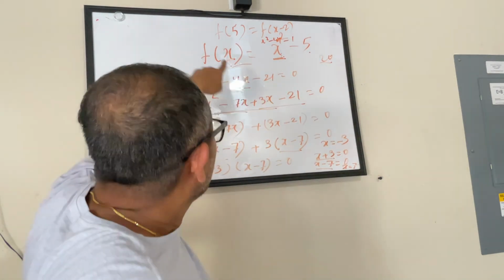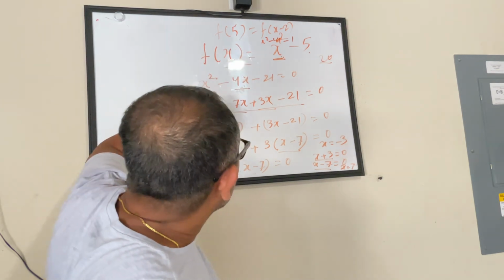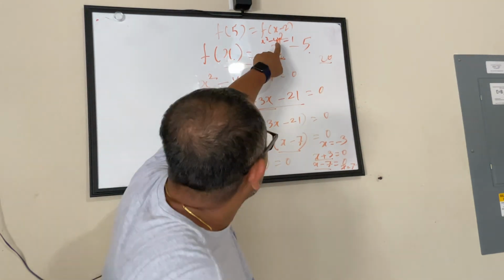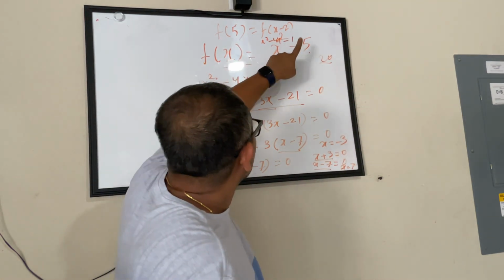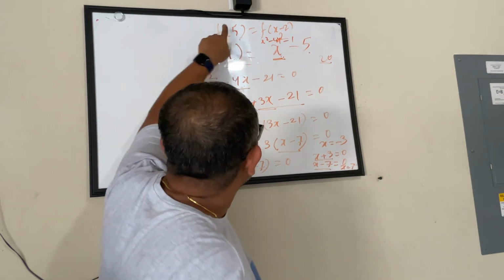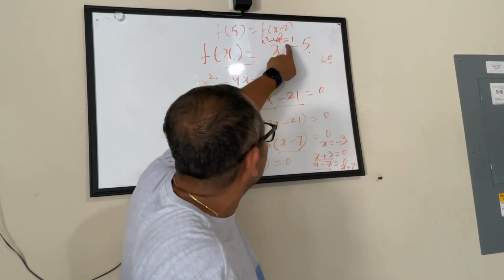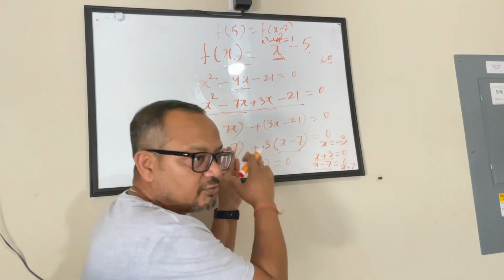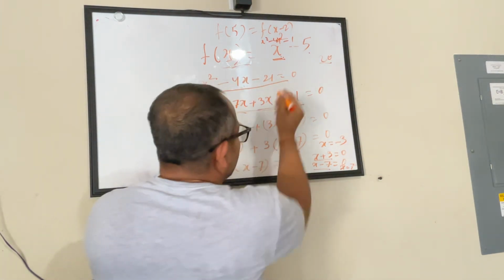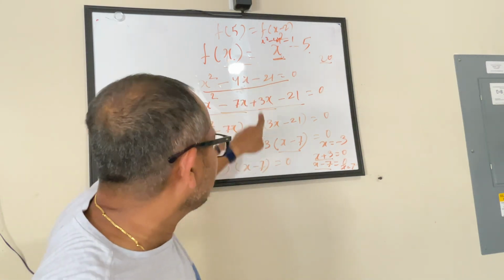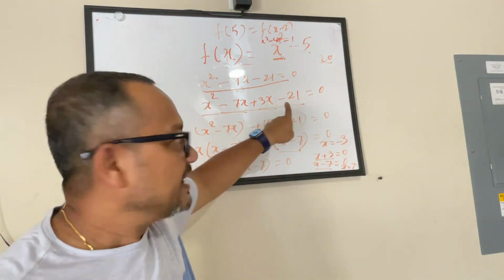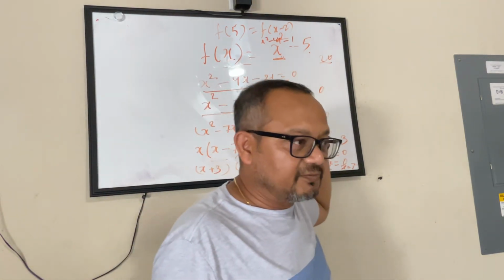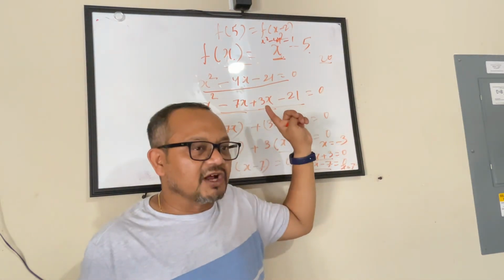So that gave me the equation 20 equals x square minus 4x minus 1. When we normalize that and put everything on one side, this is the equation we got, and we are trying to solve it. This is where it became a quadratic equation for x.